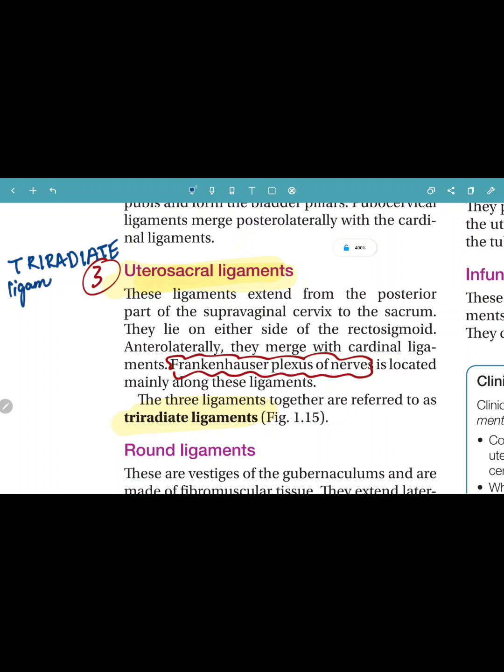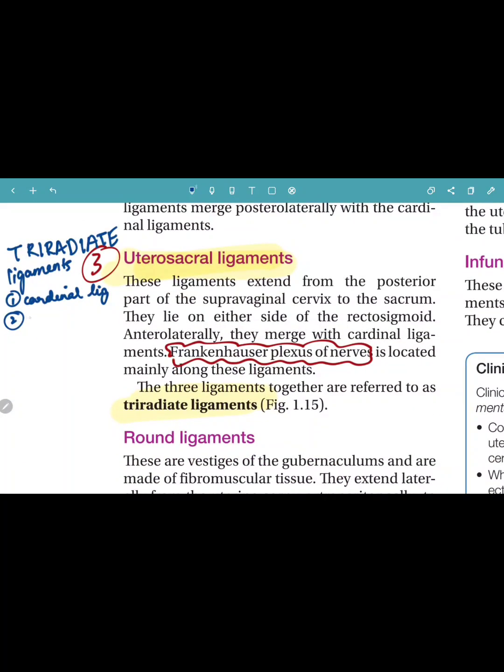Triradiate ligaments consist of first your cardinal ligaments, then your pubocervical ligament, and number 3 is your uterosacral ligament. Cardinal ligament, pubocervical ligament, and uterosacral ligament. All these 3 ligaments together are known as triradiate ligaments.